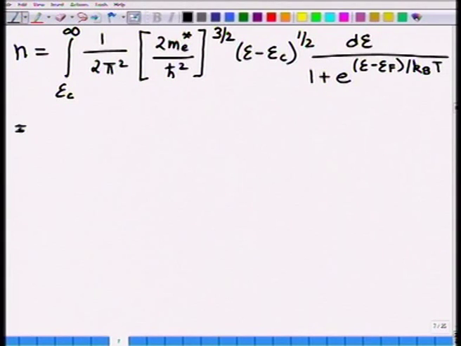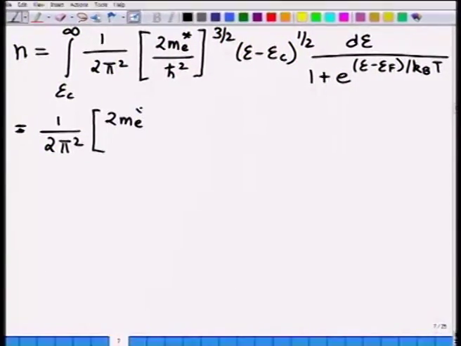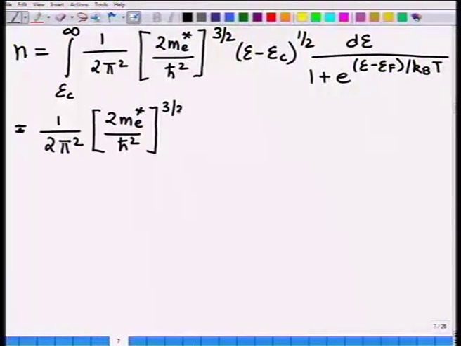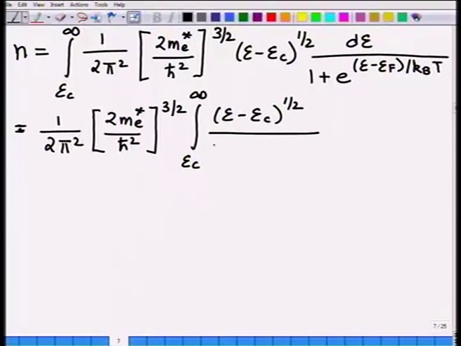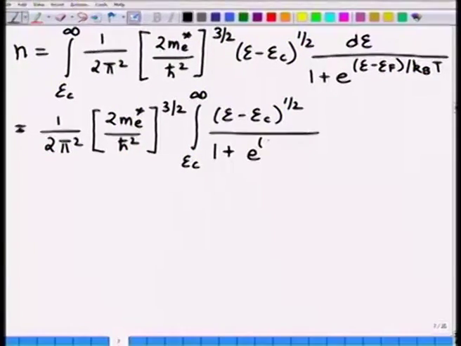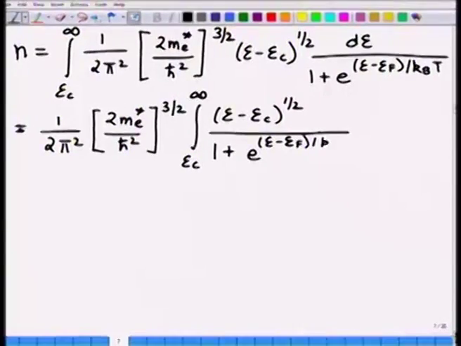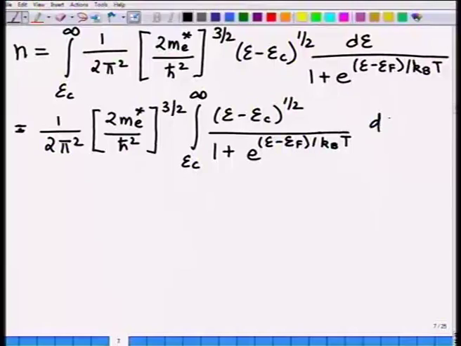Let us simplify this. 1 by 2 pi square, 2 ME star by H bar square to power 3 by 2, integral from EC to infinity of E minus EC to power half divided by 1 plus e to power E minus EF divided by KBT, dE.